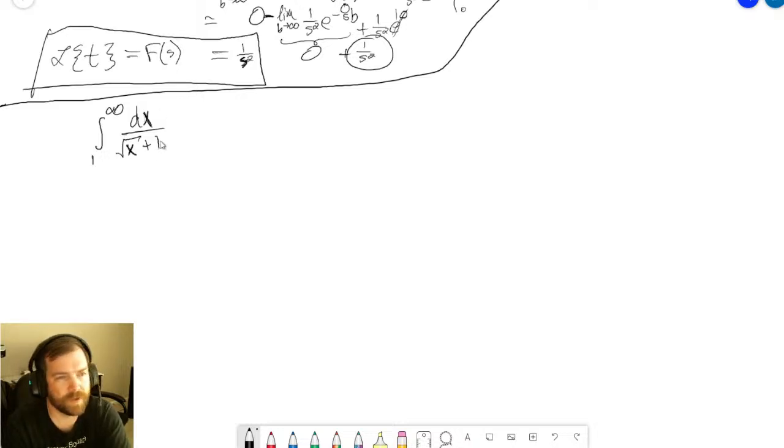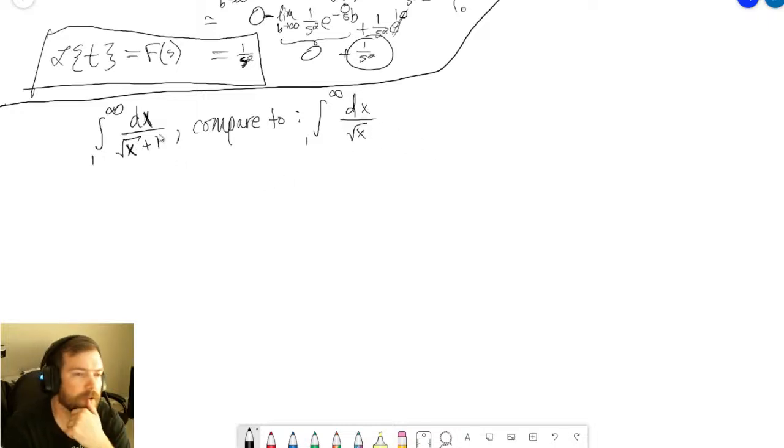What we can do is, instead of actually taking this, we're going to compare taking the integral from 1 to infinity of dx over square root of x.